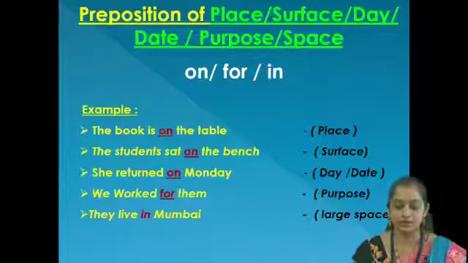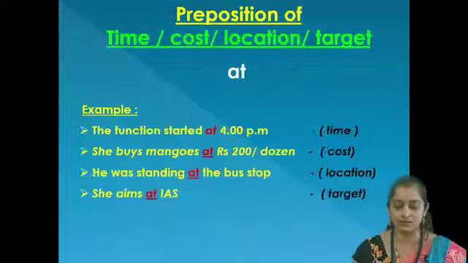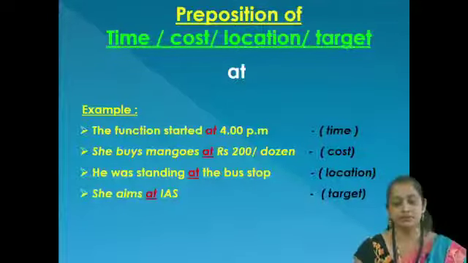We worked for them. Here, the preposition is for and it indicates purpose. Next one is they live in Mumbai. Here, the preposition is in and it indicates large space. Next one is the preposition of time, cost, location or target.